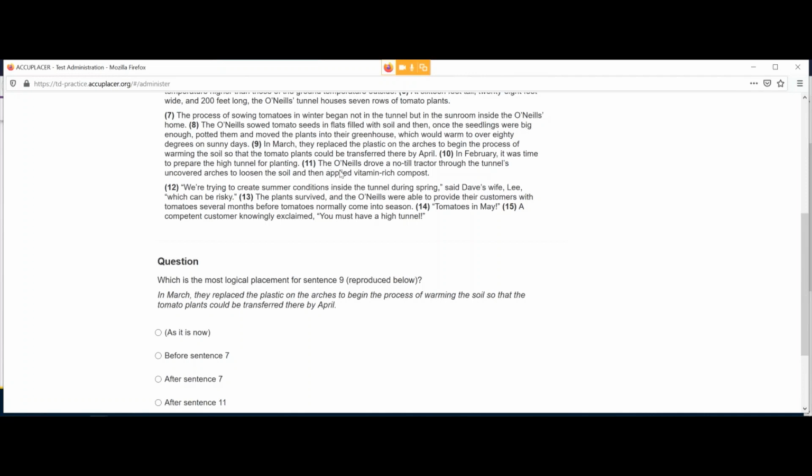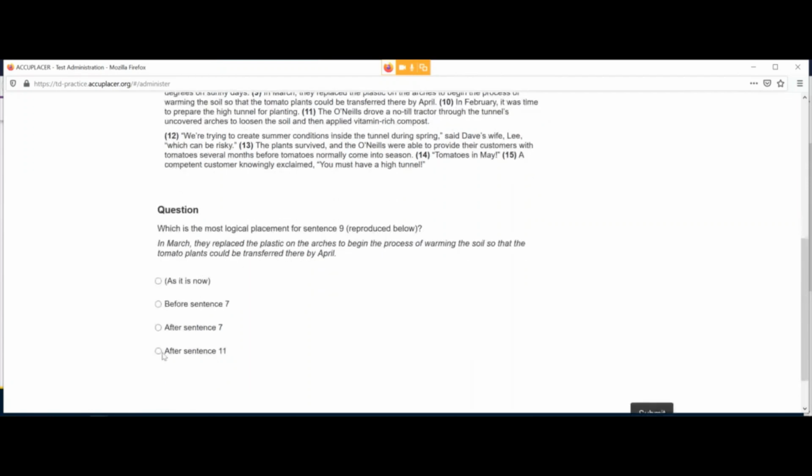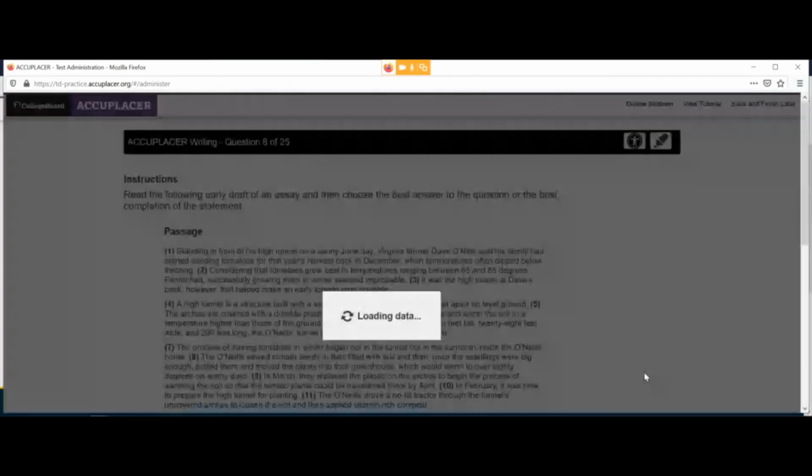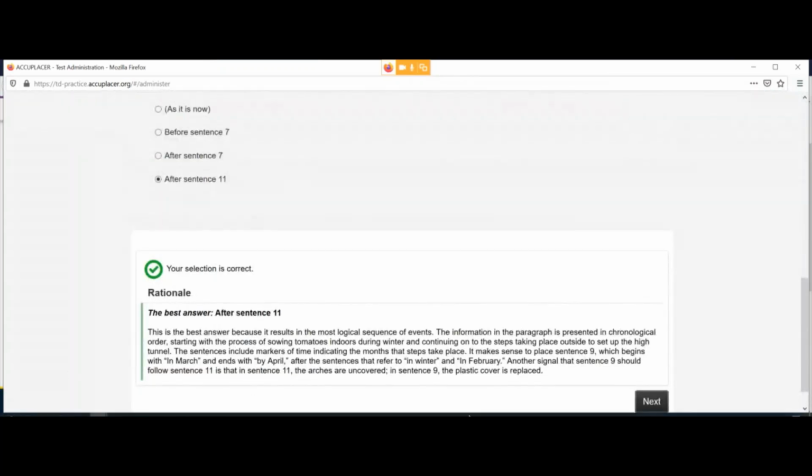So if we look at the placement of those two sentences, we're talking about driving a no-till tractor through the arches in sentence 11 and then replacing the arches in sentence 9. So it seems to me that it would make sense to put the replacement of the plastic on the arches after sentence 11. And do we have that as a choice? Yes, we do. After sentence 11, submit, confirm, and we are correct.